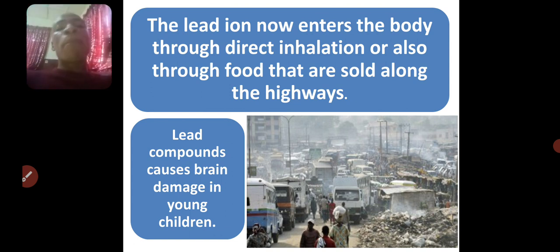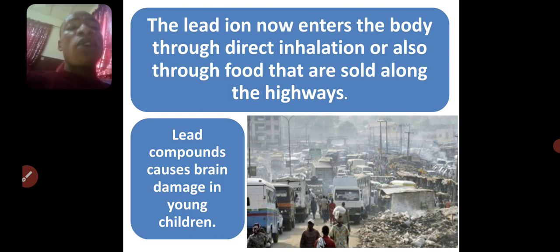And when that happens, lead compounds will fill the air, and on the road, people selling food by the roadside, lead will deposit on their food from the vehicles that are passing, that are using leaded petrol as a fuel. And when you go there to buy such food and you consume it without washing very well, you are unknowingly eating lead into your blood system.